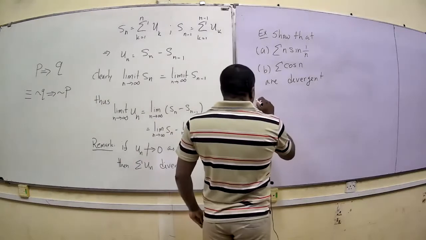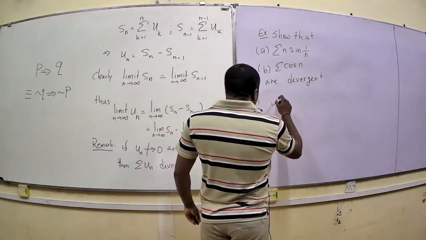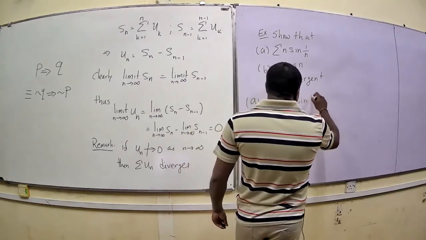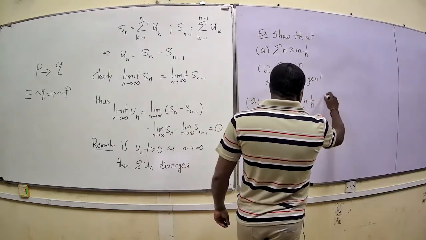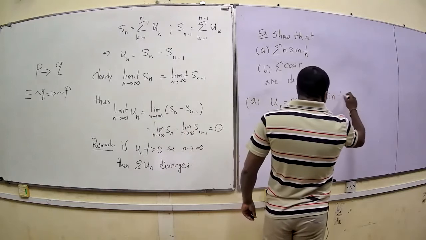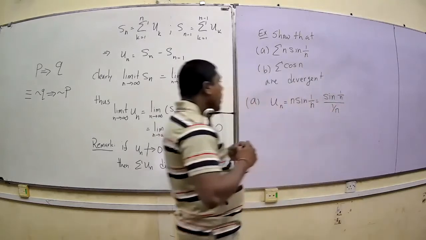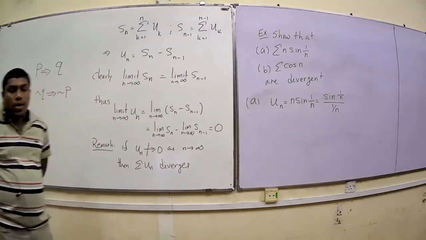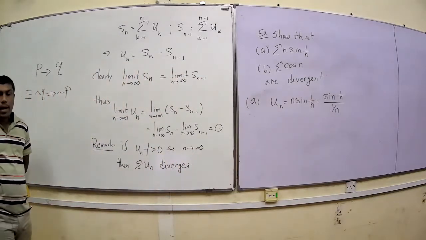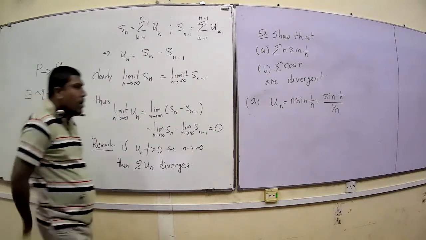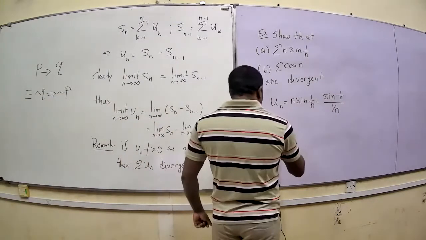So you know that u_n is n sine 1 upon n. You can write it as sine 1 upon n over 1 upon n.